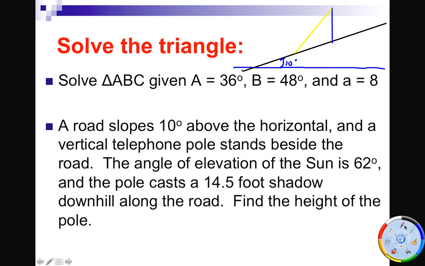Now, here's the problem with this problem. It says the angle of elevation to the sun is 62 degrees, and the pole casts a 14.5-foot shadow. Okay, well, that's nice because this right here, the shadow, is 14.5, oops, not degrees, feet. And the question is, where's all my other numbers? Because I can't solve this triangle without numbers here.